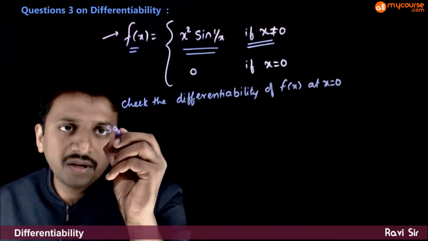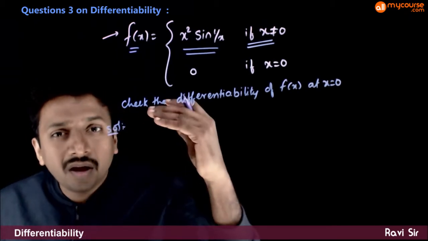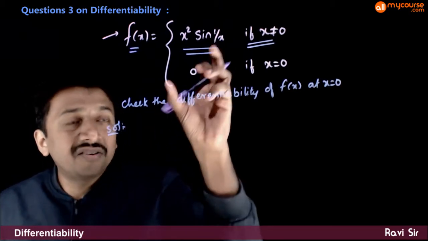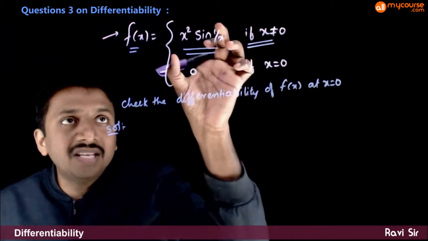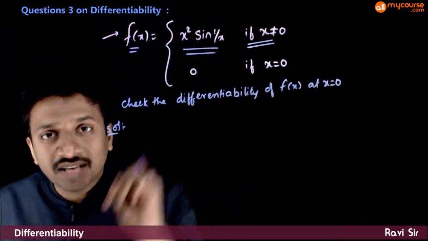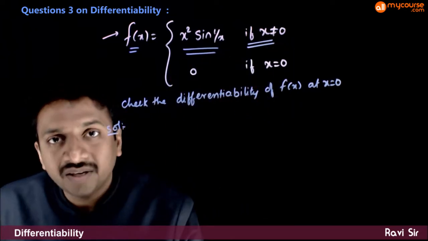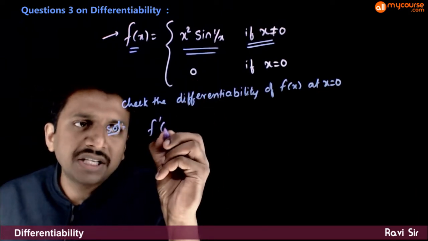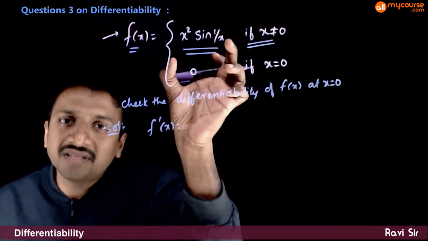So now, you can go with the first principles or you can go with the standard formula. First let us try to differentiate this using the standard formula. This f(x) is x square sine 1 by x, both on the right side of 0 and the left side of 0. So f dash of x, I'll directly use the differentiation formula.